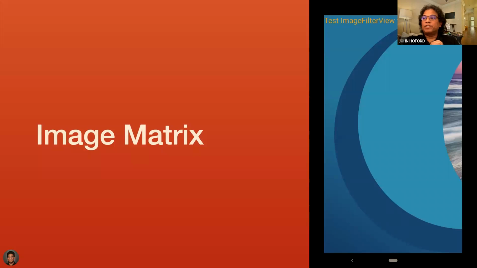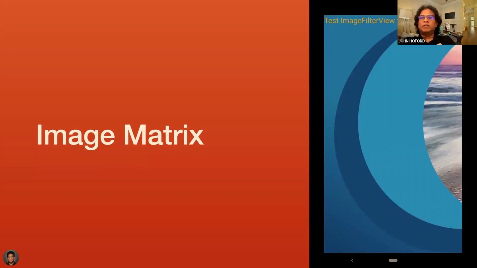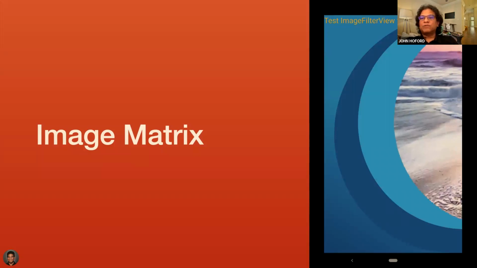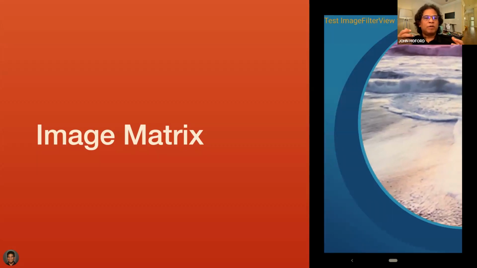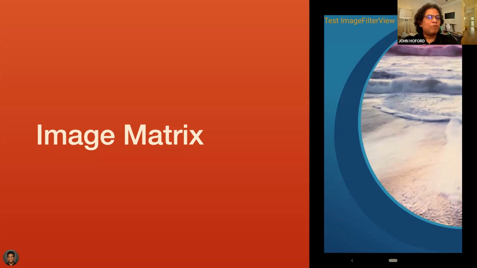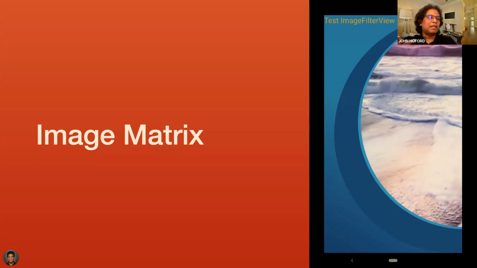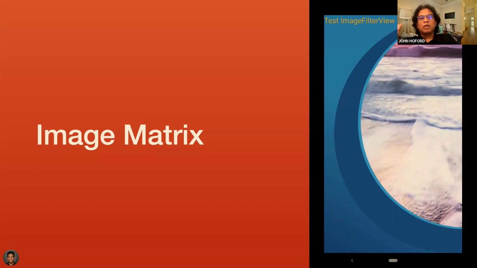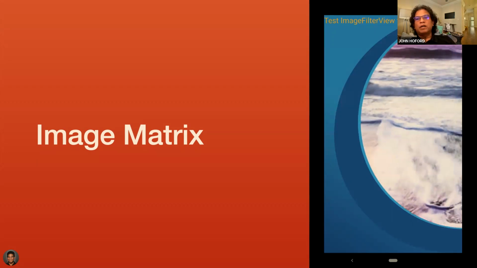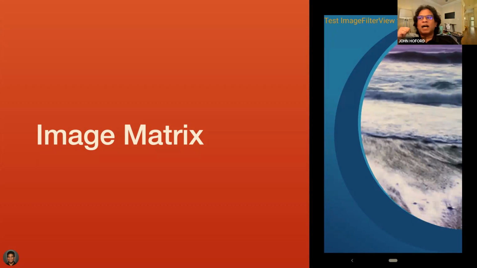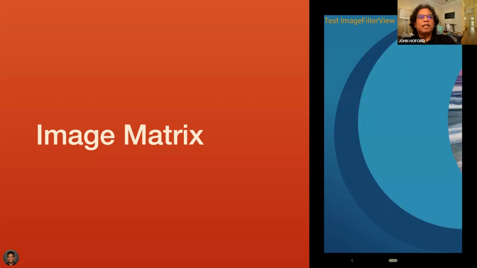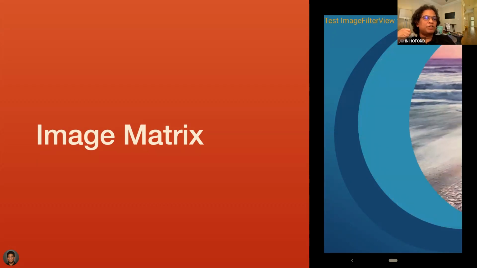One of the other features we've added is image matrix transform. Normally an image view has transforms built in, but basically you can set and get the matrix. What we've done here in the image filter view and the image filter button is add support for more or less intelligently providing transformation capability.